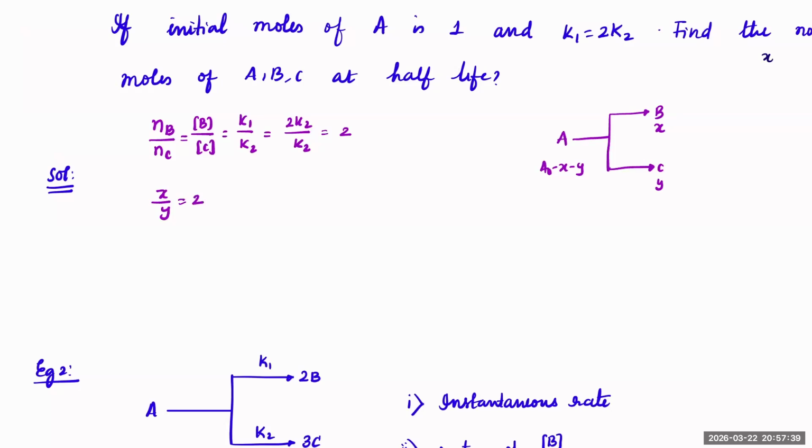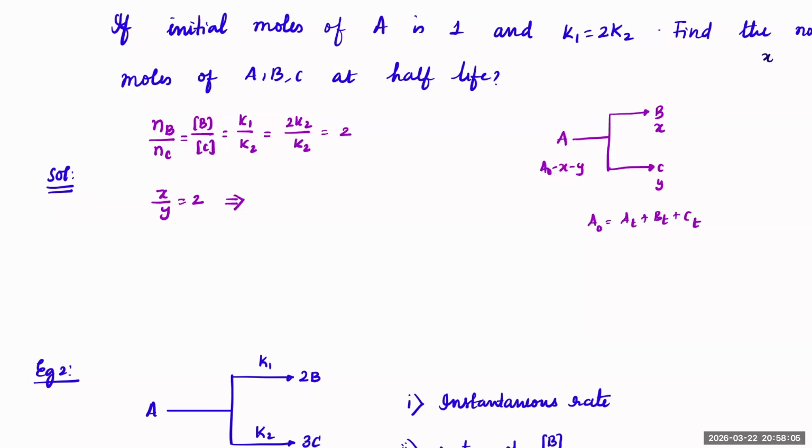And what is the other thing which we know? A naught will be equal to AT plus BT plus CT, isn't it? So therefore, now we can write these X and Y terms.